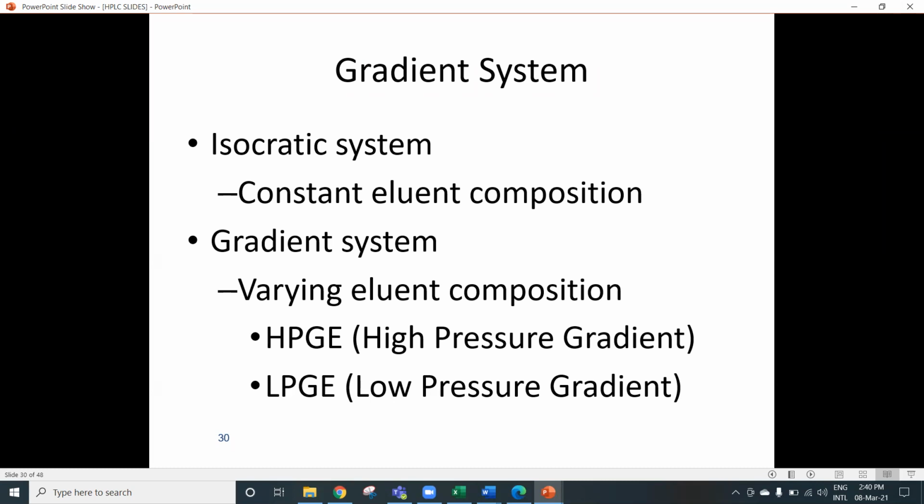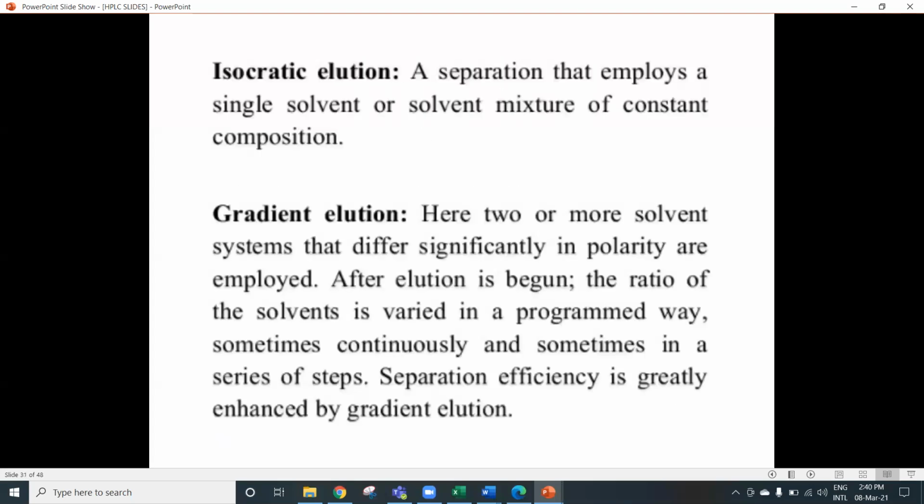And after another 5 minutes, you can increase your methanol to 85% and water reduces to 15%. So that is what we call the gradient system of varying eluent composition.